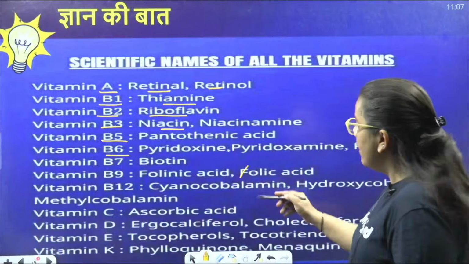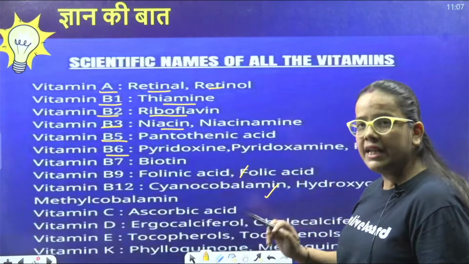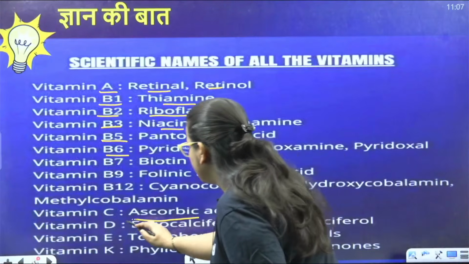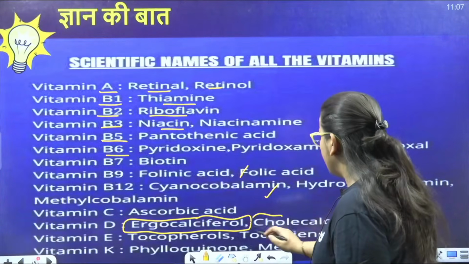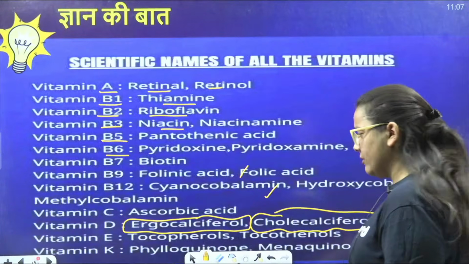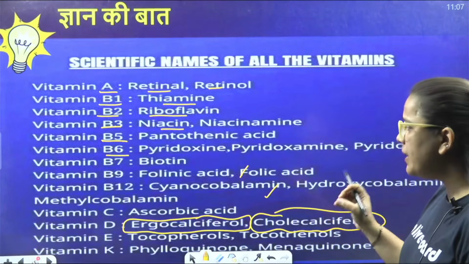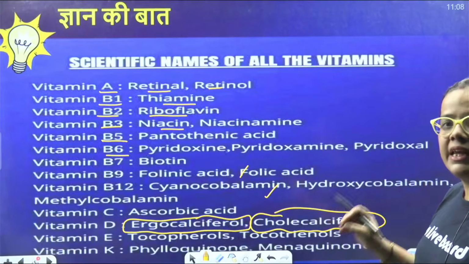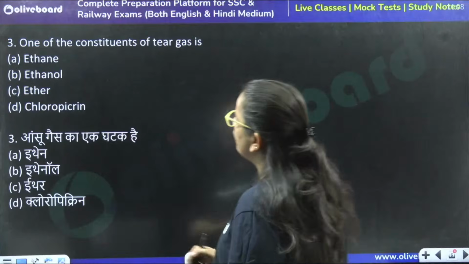Vitamin B12, cyanocobalamin. Vitamin C, ascorbic acid. Vitamin D, this name is also important, ergocalciferol, or you can call it cholecalciferol, or just calciferol. Vitamin E, tocopherol, and vitamin K, phylloquinone. Okay, so these are the parts. Next, moving to the next question.